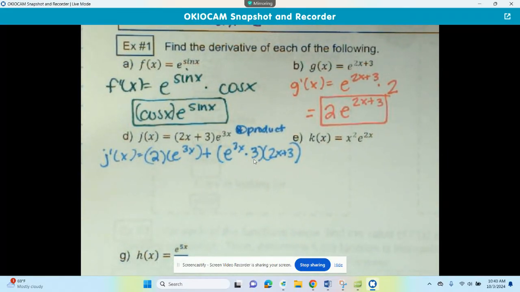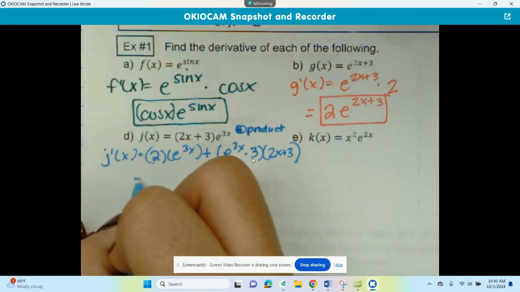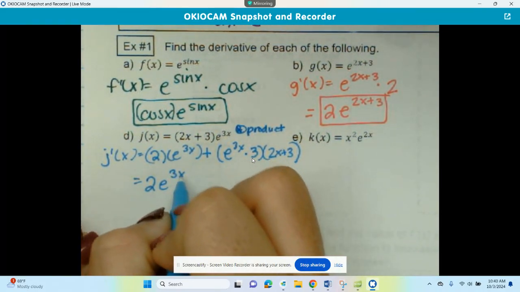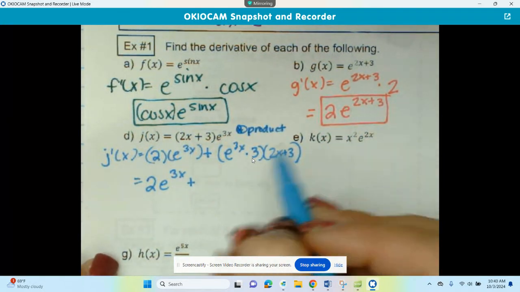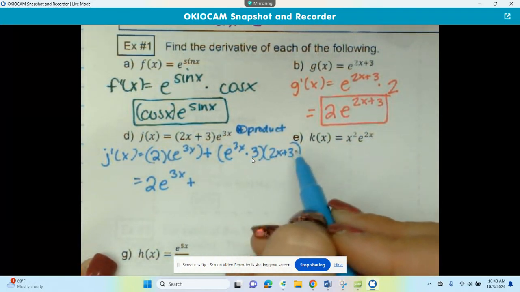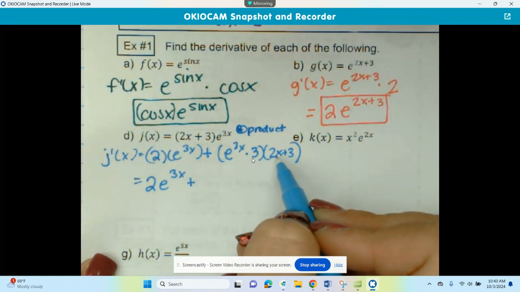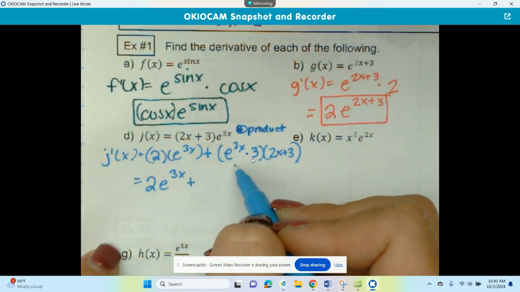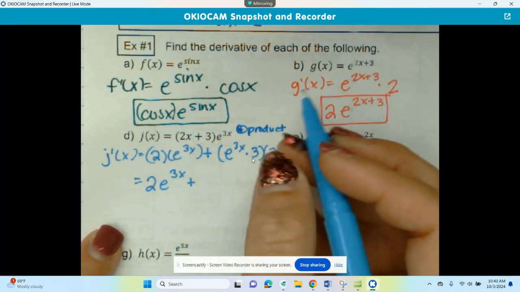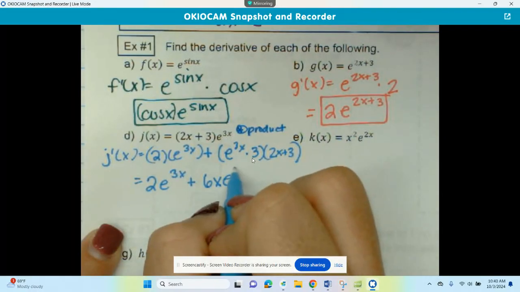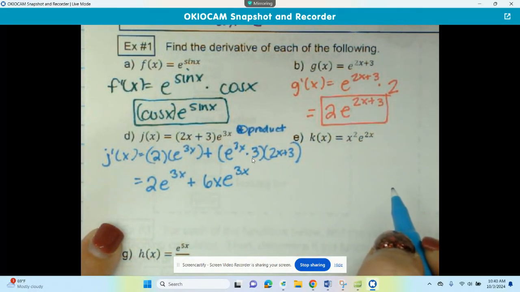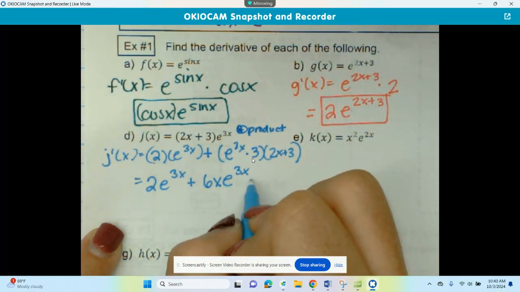All right, so let's clean this up. That's just going to be 2e to the 3x plus 3 times that, so that's going to be 6x e to the 3x and 9e to the 3x.